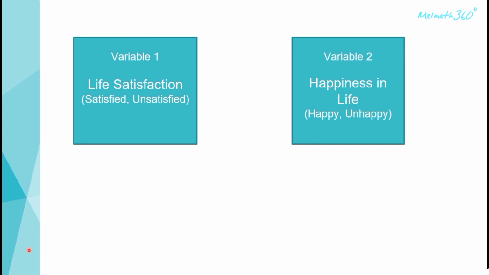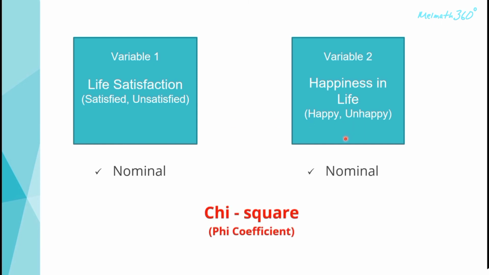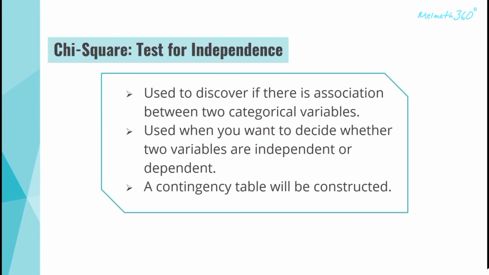Variable 1 is nominal, variable 2 is also nominal, and we can use chi-square or phi coefficient. The chi-square test of independence determines whether there is an association between categorical variables. It is a non-parametric test, and the frequency of each category for one nominal variable is compared across the categories of the second nominal variable.